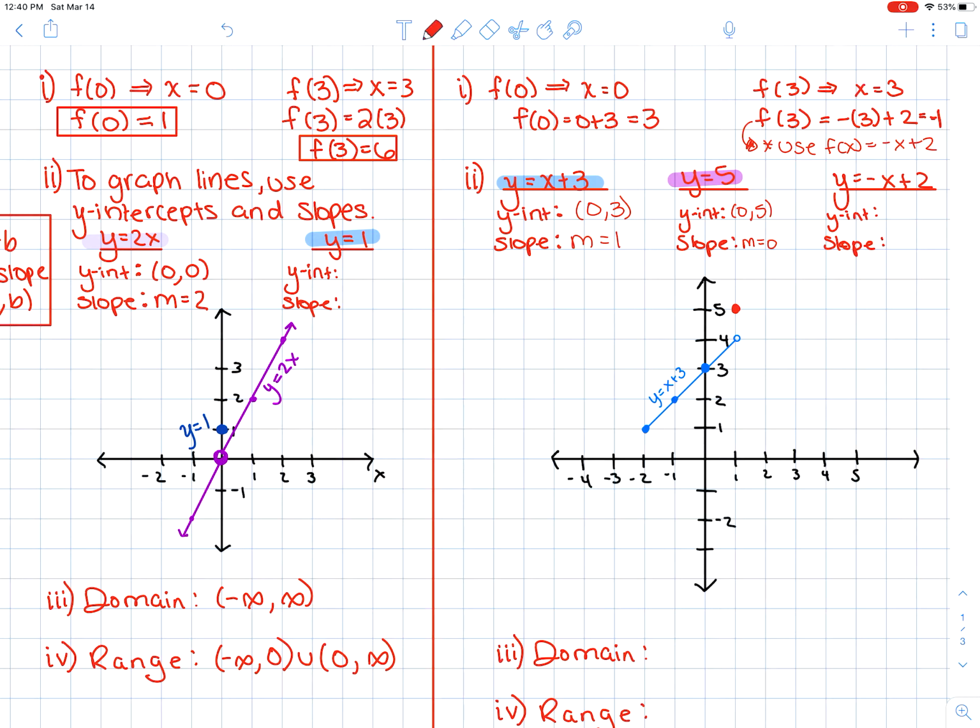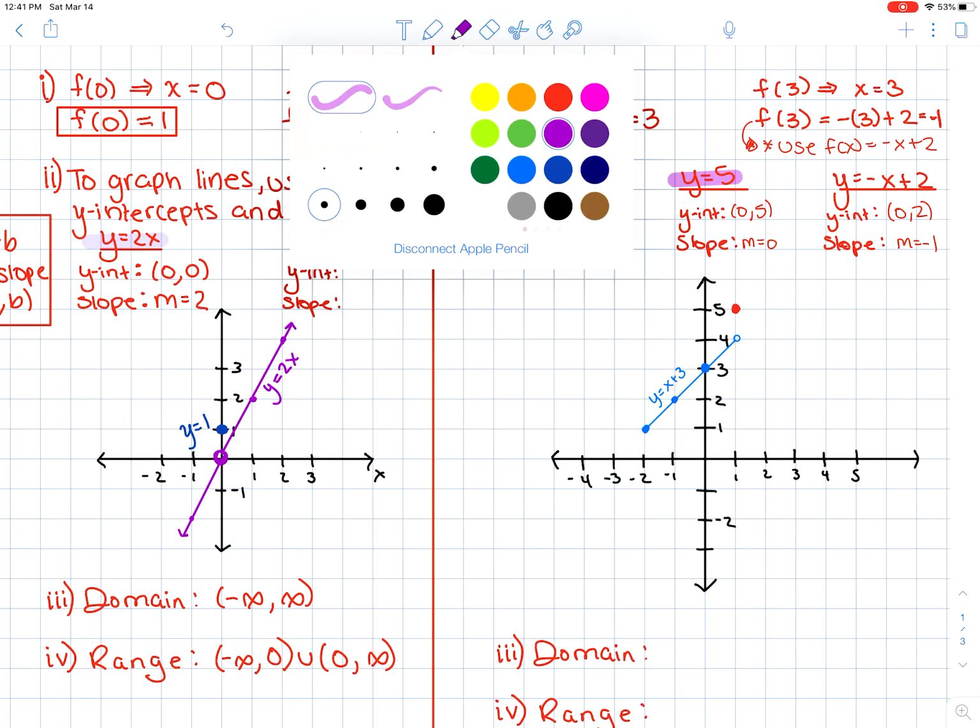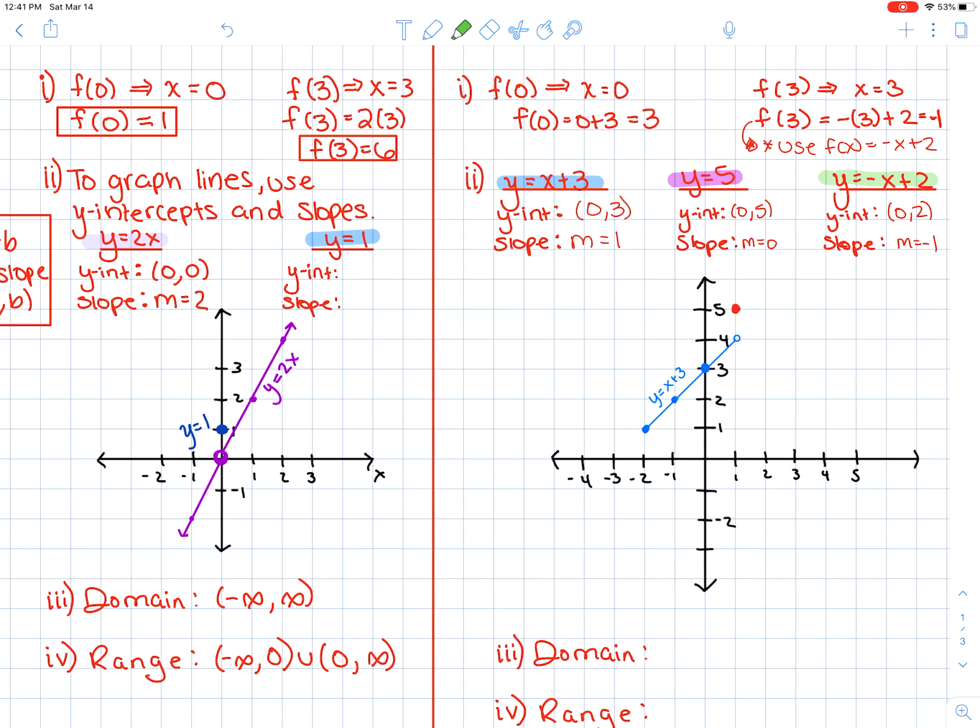Next, we have y equals negative x plus 2, where the slope is negative 1 and the y-intercept is 0, 2. Again, we will start with the y-intercept. Let's do green. We haven't done green.